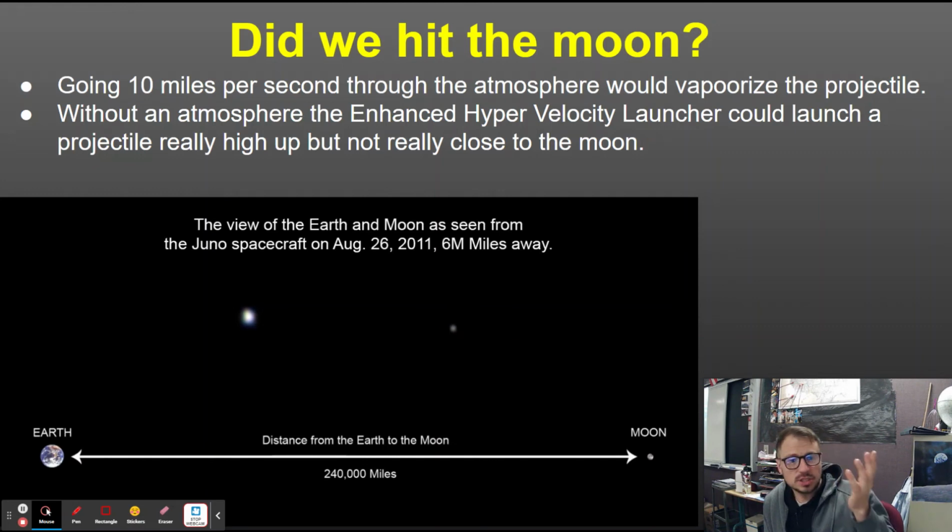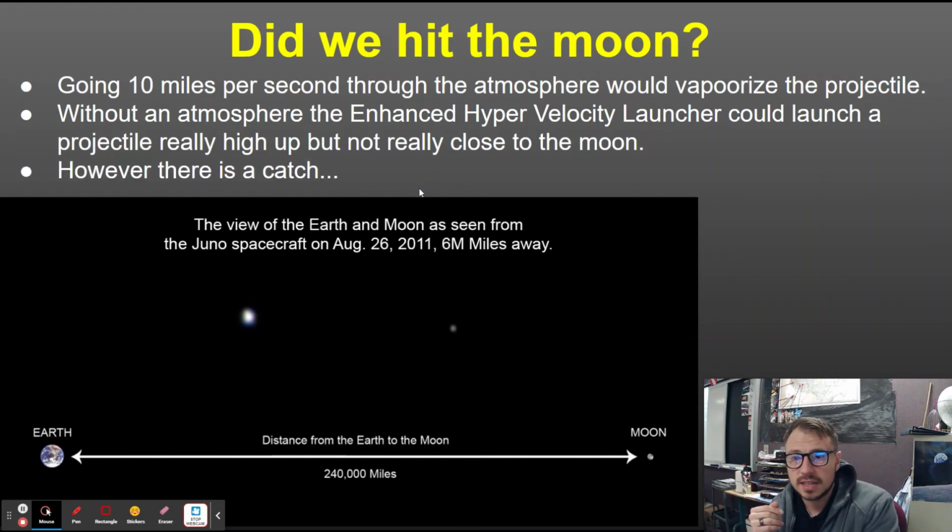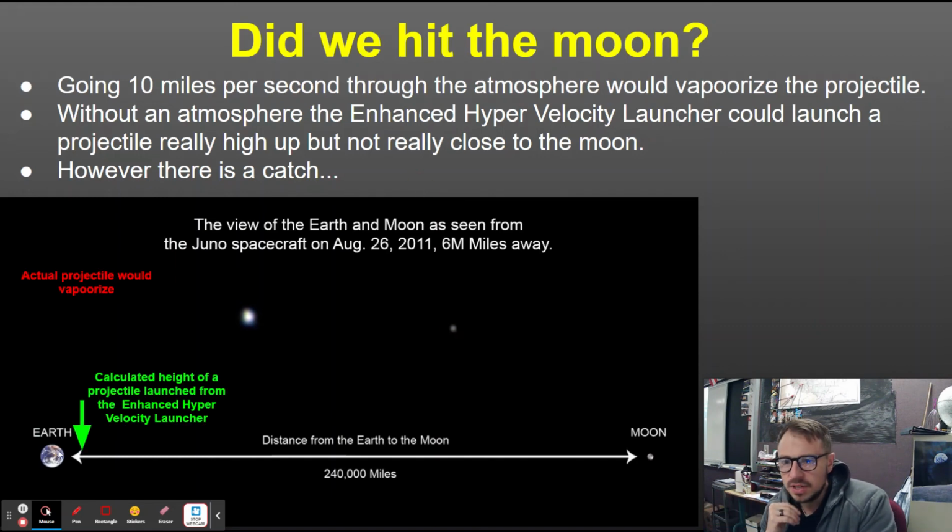Essentially you launch this thing and it vaporizes, but it does go about 10 miles per second, incredibly fast. Even if the projectile were not vaporized, the simple math says the calculated height would go there without air resistance, and it would come back down.